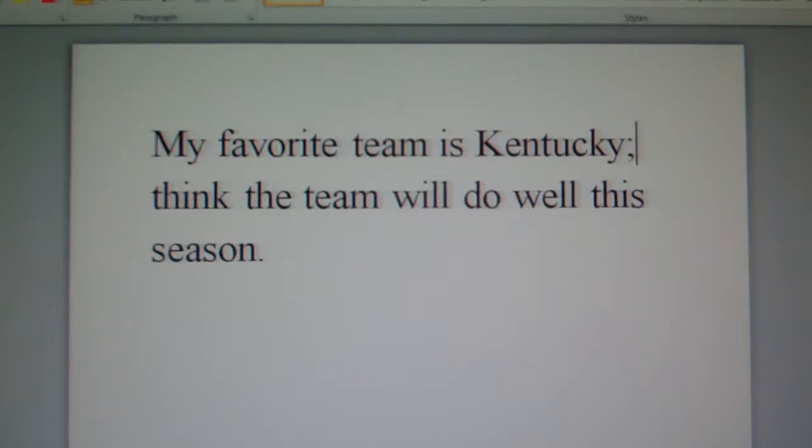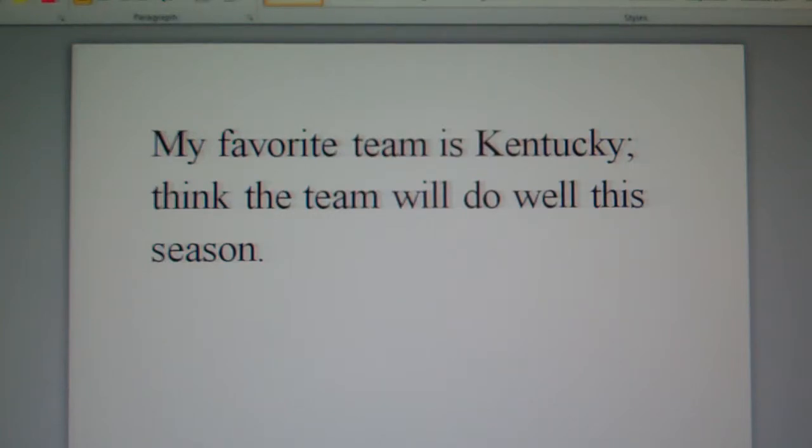Either description is apt, but it's a very strong punctuation mark. In fact, it is the only punctuation mark that by itself is strong enough to hold together two or more independent clauses. So again, alone it can do that. A comma by itself cannot. It's not strong enough. Again, that's a comma splice.